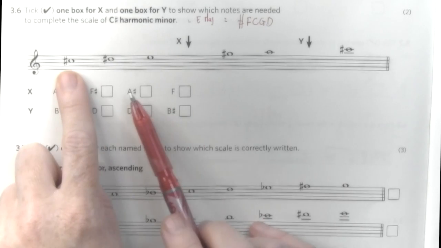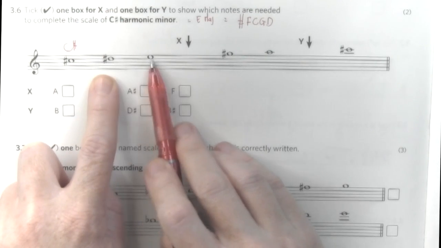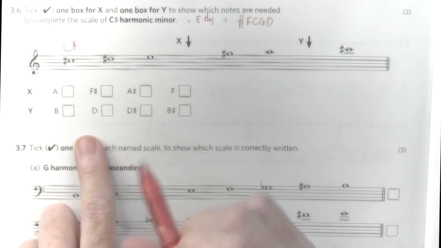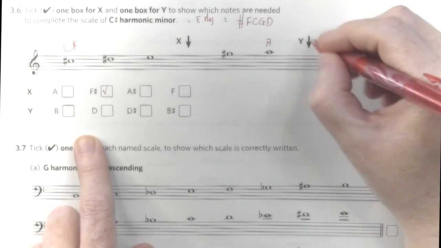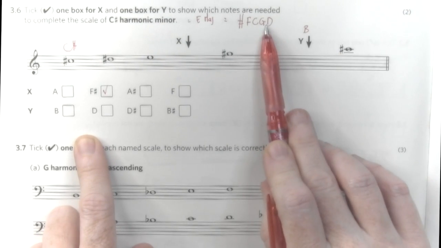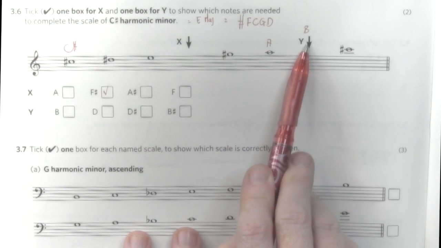So let's see. Do, okay, Re, Mi, Fa, we need an F here. Sharp, yes, so Fa sharp. Sol, La, Si, we need a C, B. Is it sharp? No. However, this is harmonic, and so the 7th degree is raised.